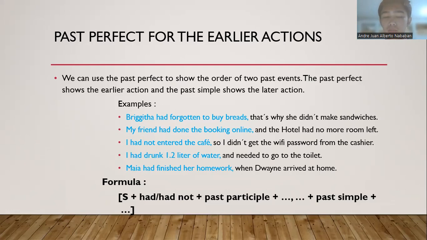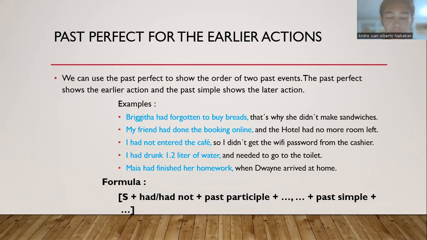I mean, the had is past and entered is also past participle, so it tells us that it is a past perfect tense. In the secondary sentence, I didn't get the Wi-Fi password from the cashier. Didn't here is a past tense. So yeah, we can say that this secondary sentence is a past simple tense.